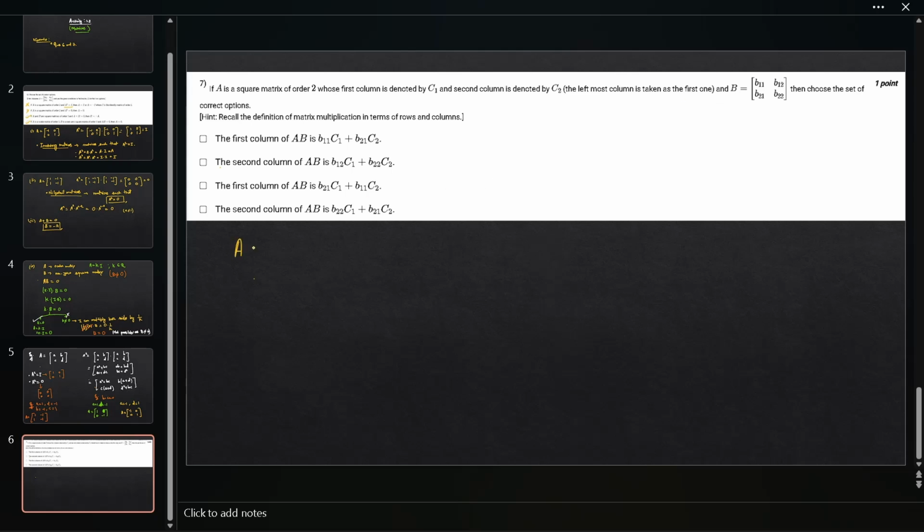So let's take A as some 2 cross 2 arbitrary matrix, that is A11, A12, A21 and A22. Moving on to the B, we have B as B11, B12, B21 and B22. So now let's take the product of these two matrices.